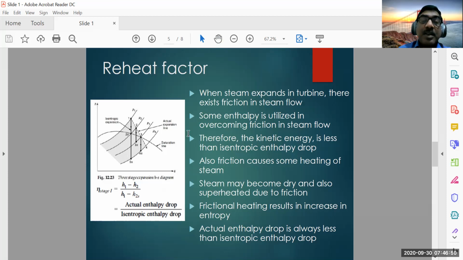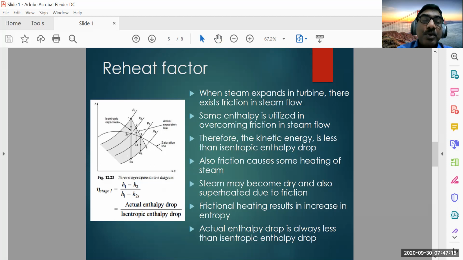Why is it happening? Because some enthalpy will be dropped or decreased in overcoming the friction. So at the end of the expansion, we are supposed to get work equivalent to 1 to 2s. For example, if you are considering only one stage, the corresponding turbine work should be 1 to 2s.